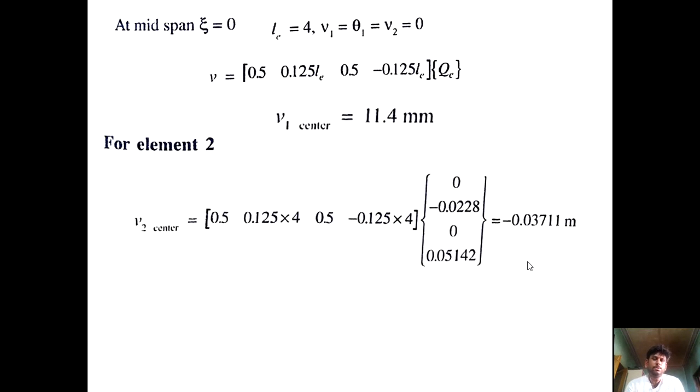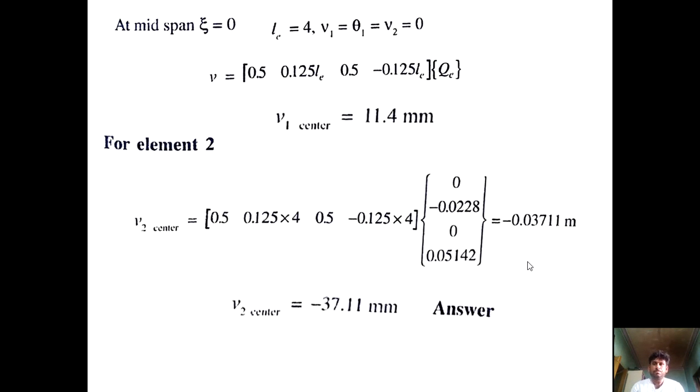Similarly, for element 2, V2 is 0, V3 is 0, and the theta 2 and theta 3 values are there. If I substitute those, I get the deflection at the center of element 2, the maximum deflection, as minus 37.11 mm.